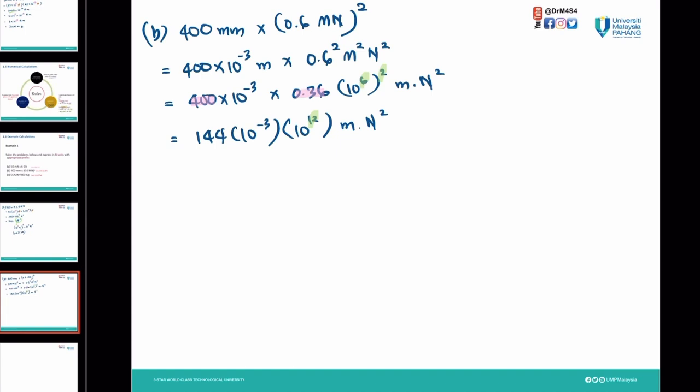So negative 3 plus 12, we get 144 times 10 power of 9. The unit is meter Newton square. 10 power of 9 is giga. So 144 giga meter Newton square. So this is the answer in the appropriate prefix and unit.